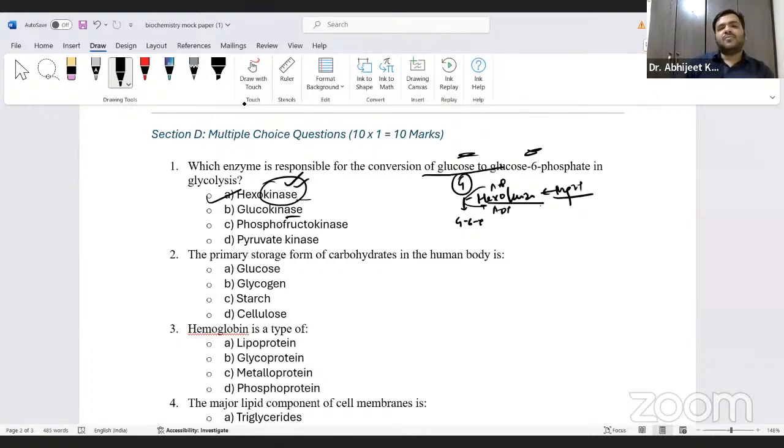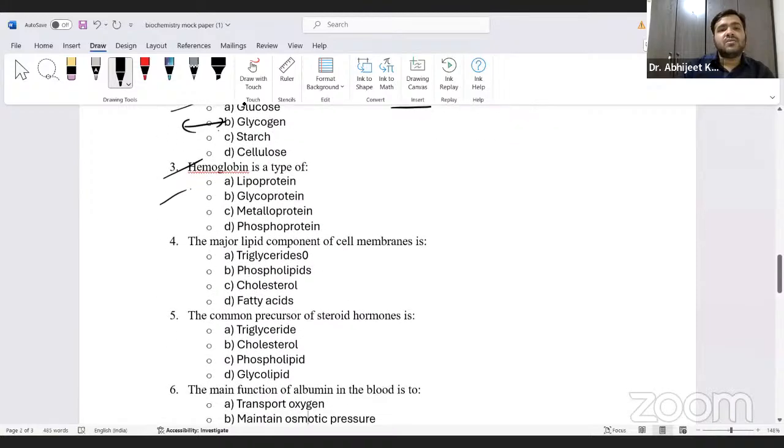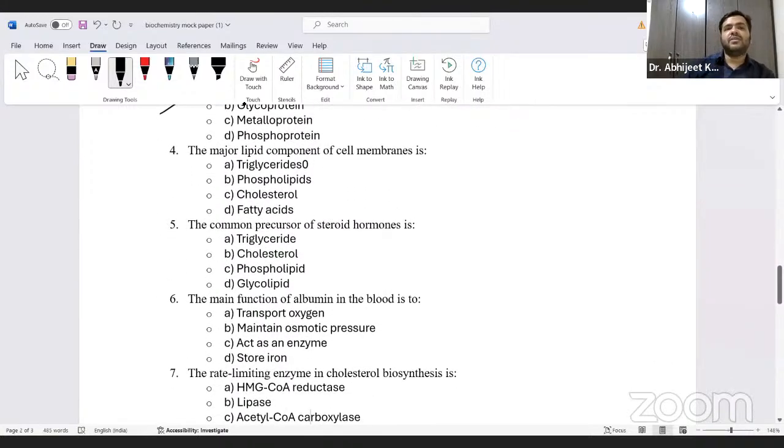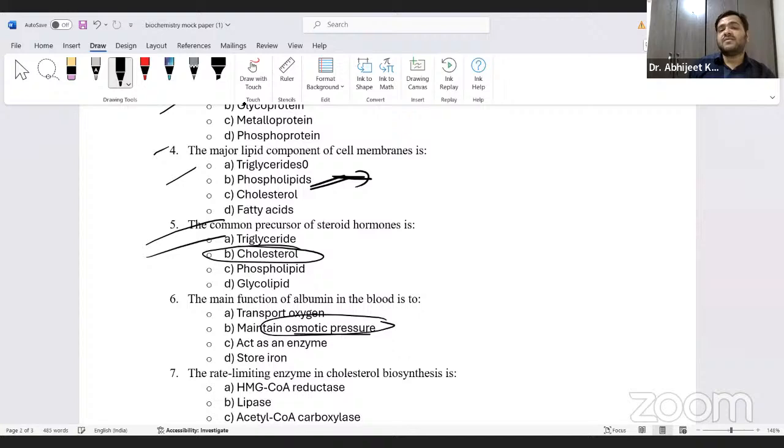The primary storage of carbohydrates, you already know, is glycogen. Hemoglobin is a type of metalloprotein. The major component of the cell membrane is phospholipids. The common precursor of steroid hormones is cholesterol. The main function of albumin in the blood is maintaining the osmotic pressure, as we just discussed.